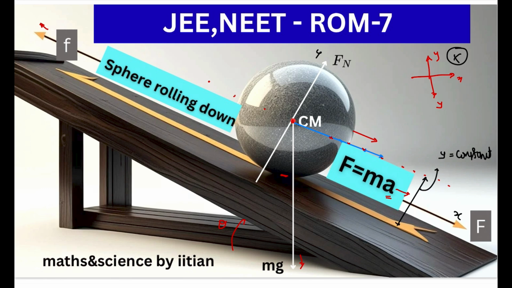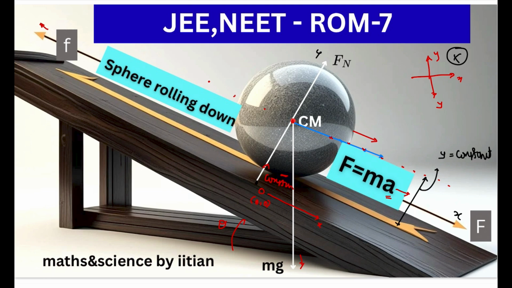Let me say this is the origin O. The position of the center of mass with respect to the origin in the x-axis is changing, but in the y-axis it is constant.